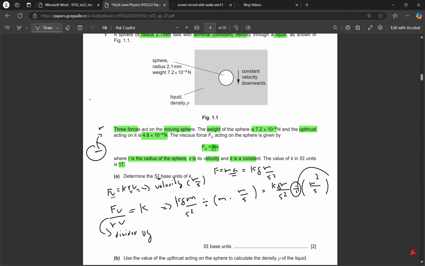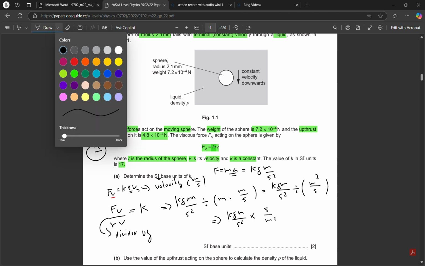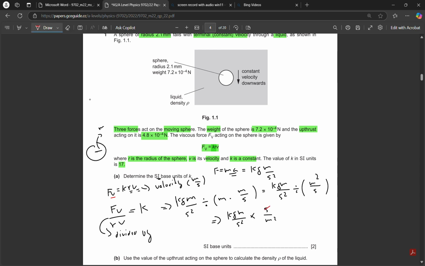Then this fraction right here will get flipped, reversed. The more technical way of saying it is just the reciprocal. Anyways, so kilogram meter per second squared multiplied, flip it, seconds per meter squared. It's pretty awkward. What we're going to do, change color, cancel out all the common variables.